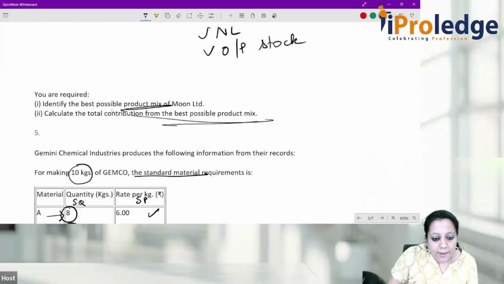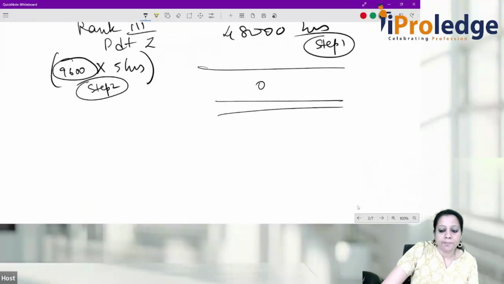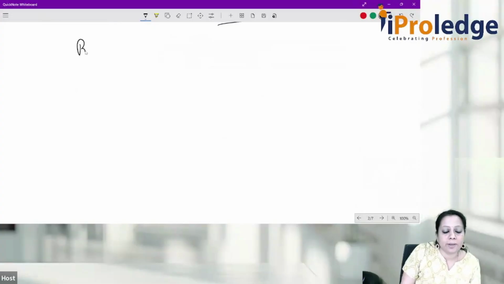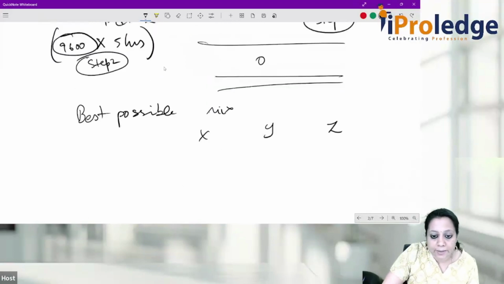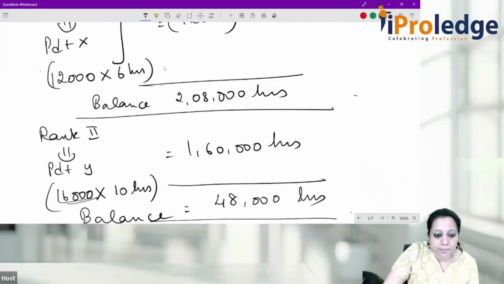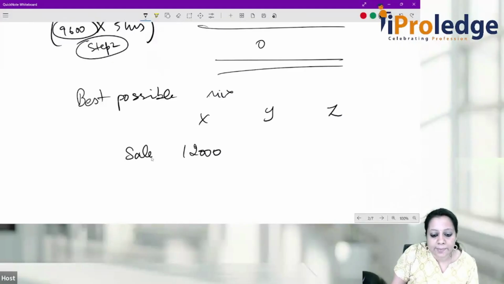Next is to identify the best possible product mix. Best possible product mix will be what? X, how many units? 12,000. This is the sales like that I will write.